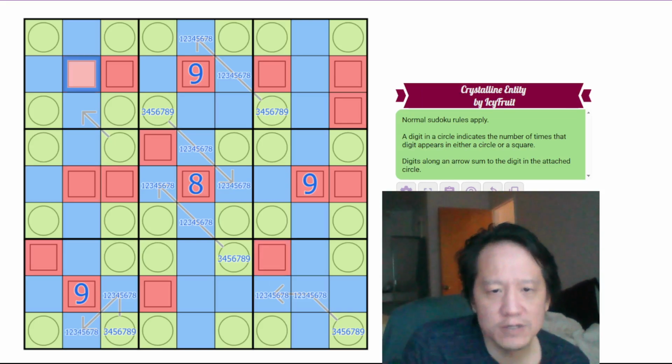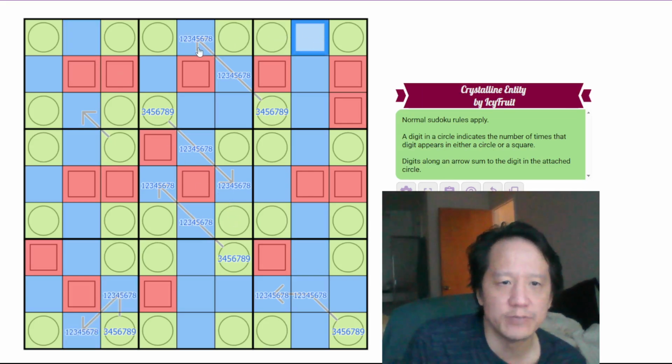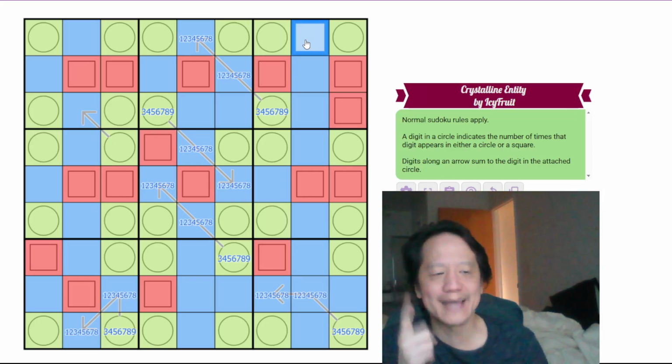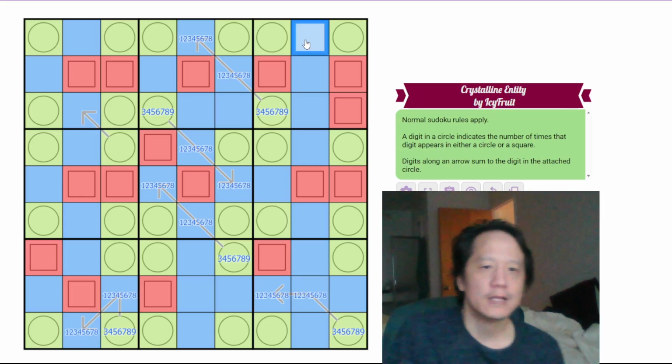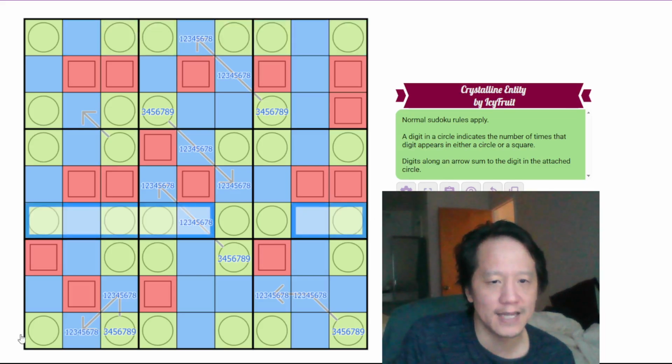Oh, hold up. Let's go a different route. There has to obviously be a digit that's missing from one of the circles. At least one. What does that mean, though? It has to be in rows 1, 6, and 9.